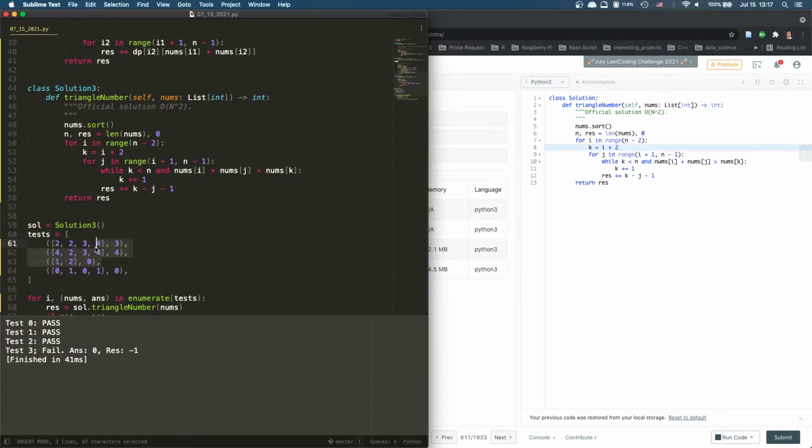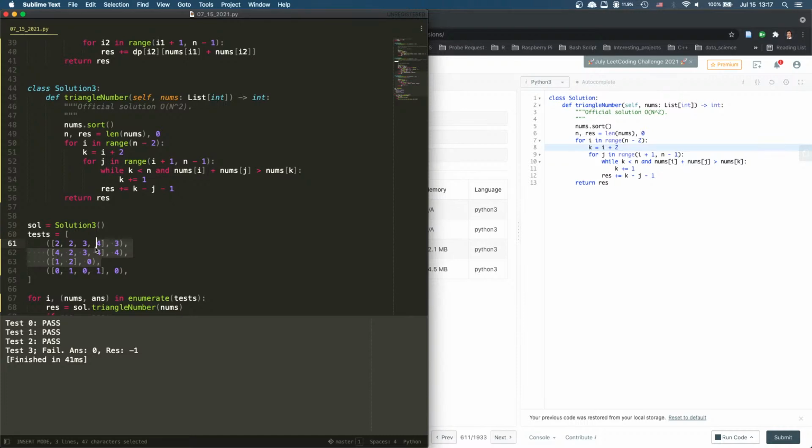And then j moves on. Now when j moves on, k and j, they're together, right? And we still don't do it. That's a -1. That's where -1 comes from.